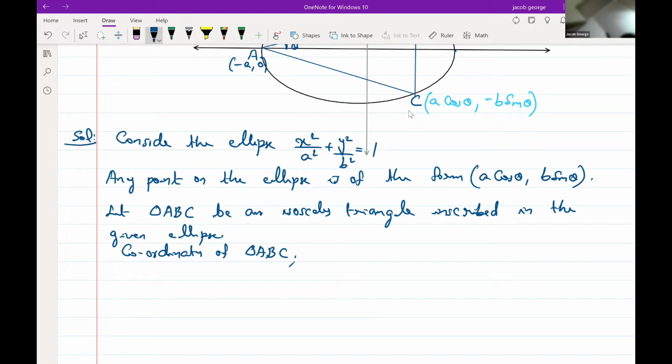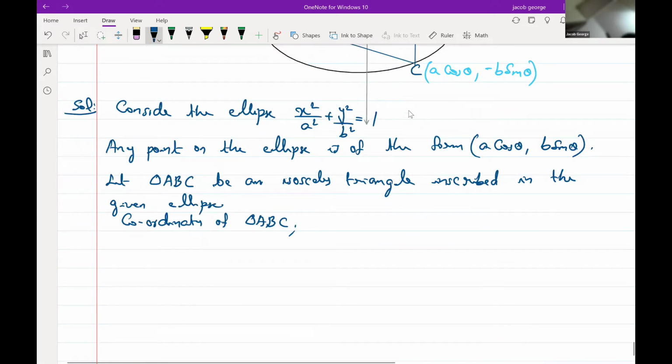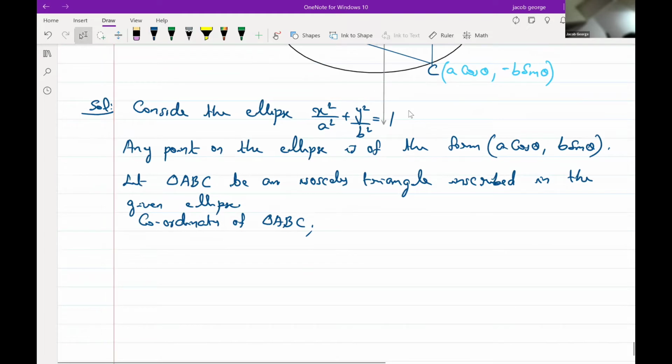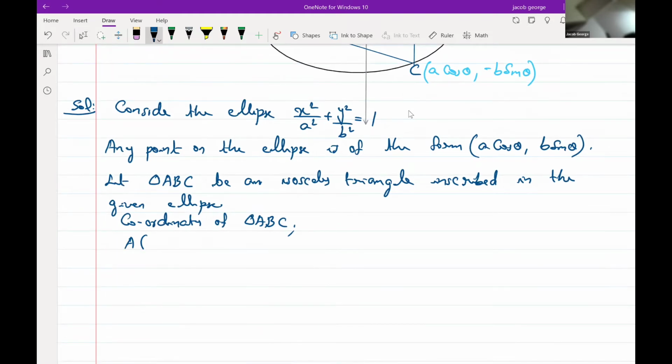Coordinates of triangle ABC are: capital A, (x1, y1), is (minus a, 0). Capital B, (x2, y2), is (a cos theta, b sin theta).